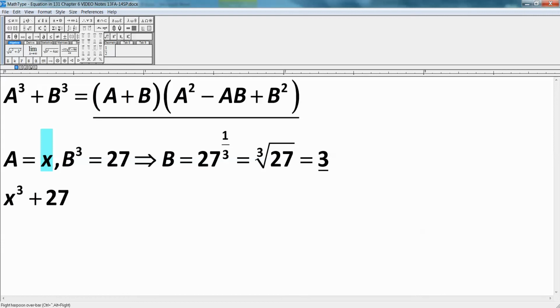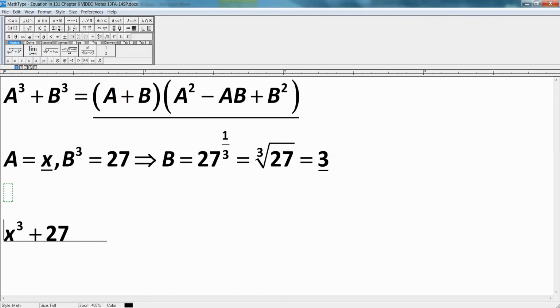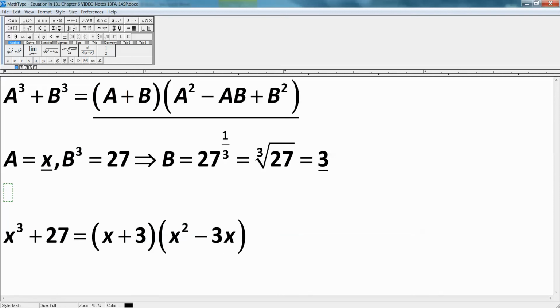Now I'm going to substitute into the lovely formula. You don't have to memorize it, you just have to use it. So x cubed plus 27 is, parentheses, a plus b, that's x plus 3. Next parentheses: a squared, so that'll be x squared, minus a times b, that's minus 3 times x, plus 3 squared, which is 9.